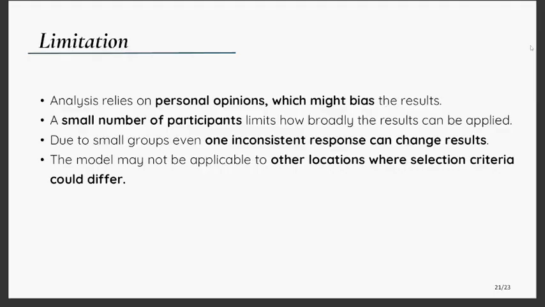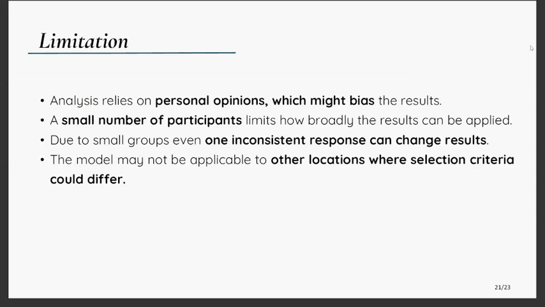Moving forward, this research also had some limitations since our analysis relied on personal opinion, which might bias the result. One data analyst might be more favorable toward Python or TableView. So in our pairwise comparison, he or she might rank TableView or Python higher than the other alternatives.